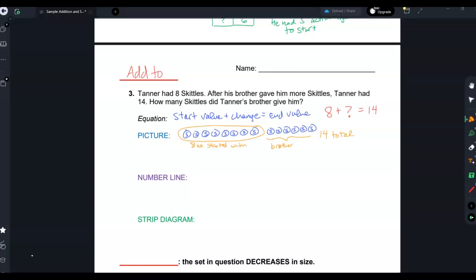And so if we want to find what we're looking for, which is what did his brother give him, we would just count just those. Or we would realize that, oh, 14, and then if I take away these 8, then that would give me what's left, or what his brother gave. Which is 6.